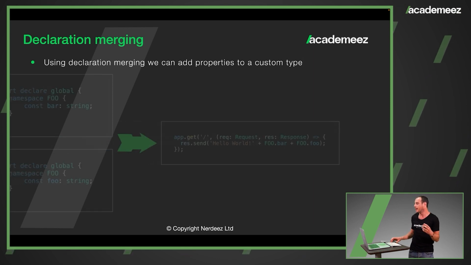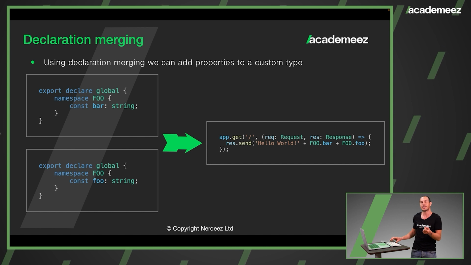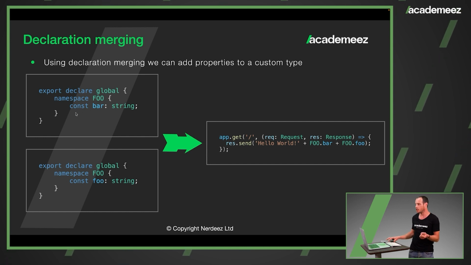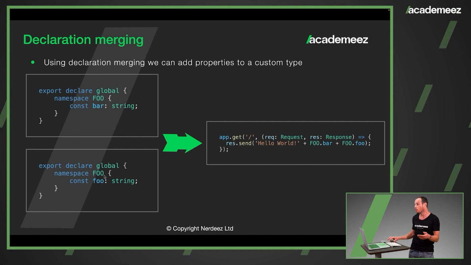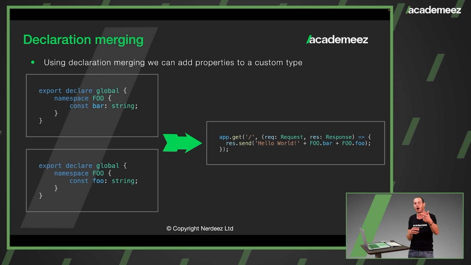So basically, in this example, we see that we created a namespace named foo, and in one declaration file it contains the variable bar, which is string, and we created another declaration file with the same namespace foo. Now this time the property is named foo, which is a string. So basically we constructed from two different declaration files one big namespace foo containing the properties bar and foo.